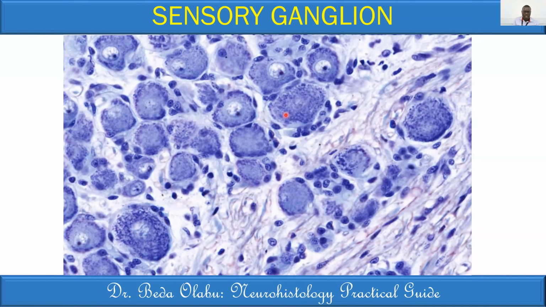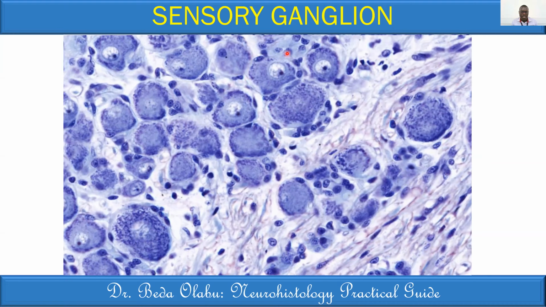So we have the cell bodies of pseudounipolar neurons. These are the large neurons, the primary sensory neurons. It houses the cell bodies of the primary sensory neuron. Other than that, the cells which surround the cell bodies of the primary sensory neuron are the ones we call the neurosatellite cells.